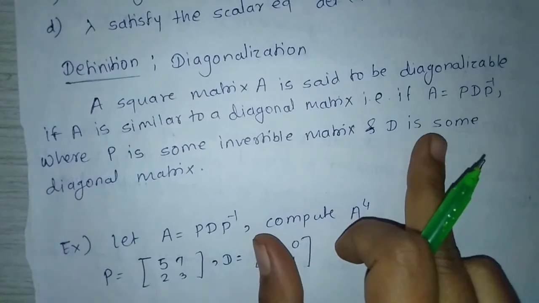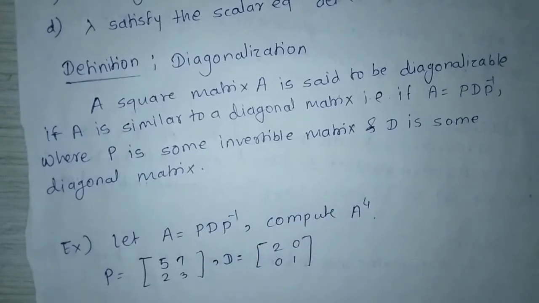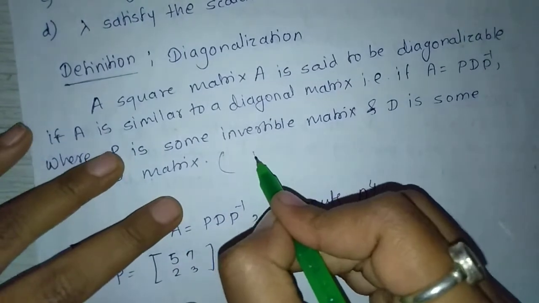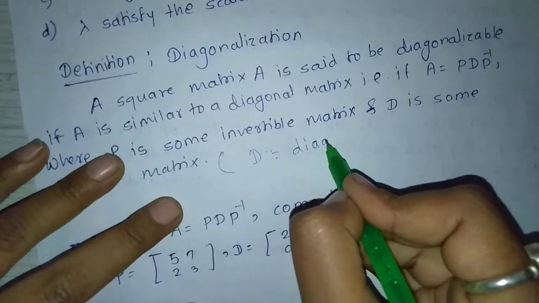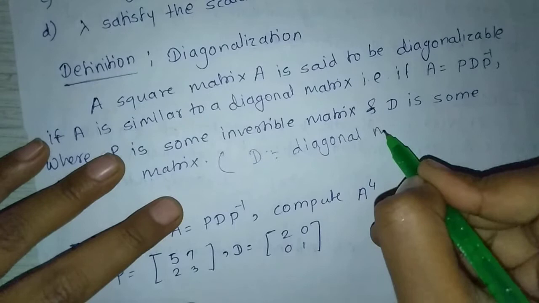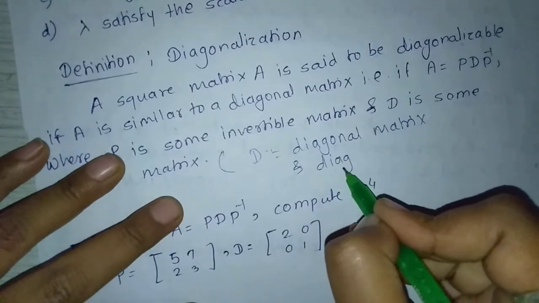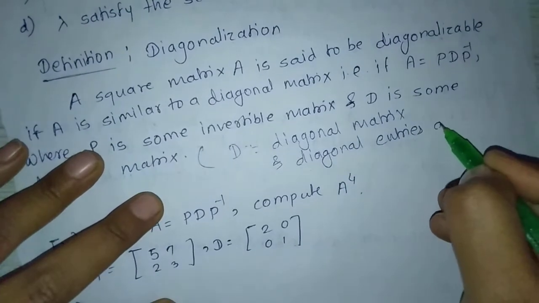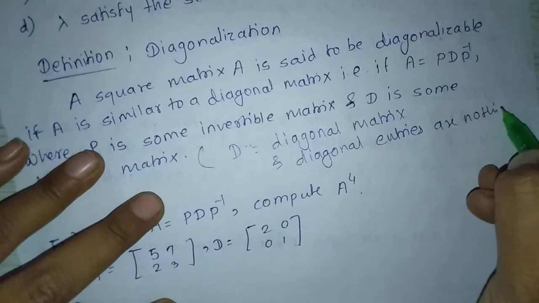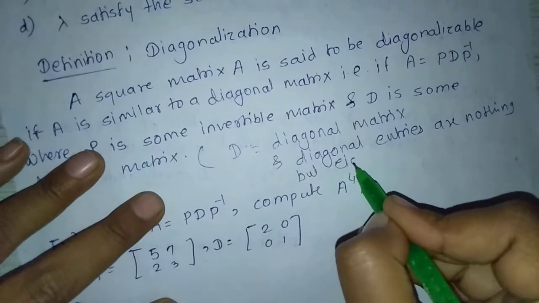Note here, D means diagonal matrix and the diagonal entries are nothing but the eigenvalues of A.